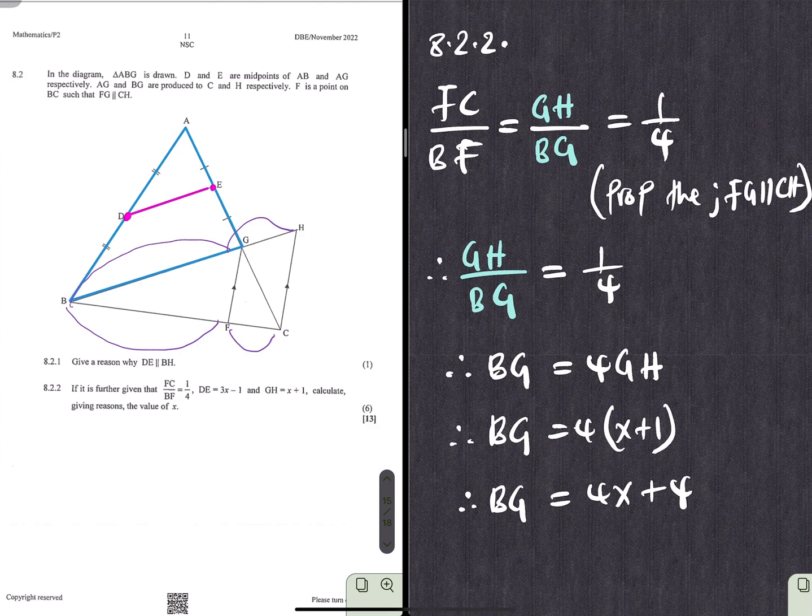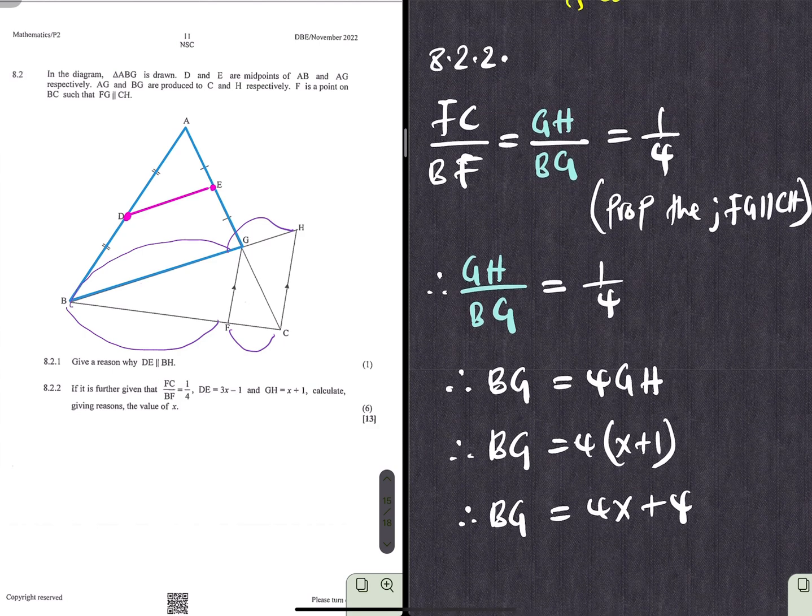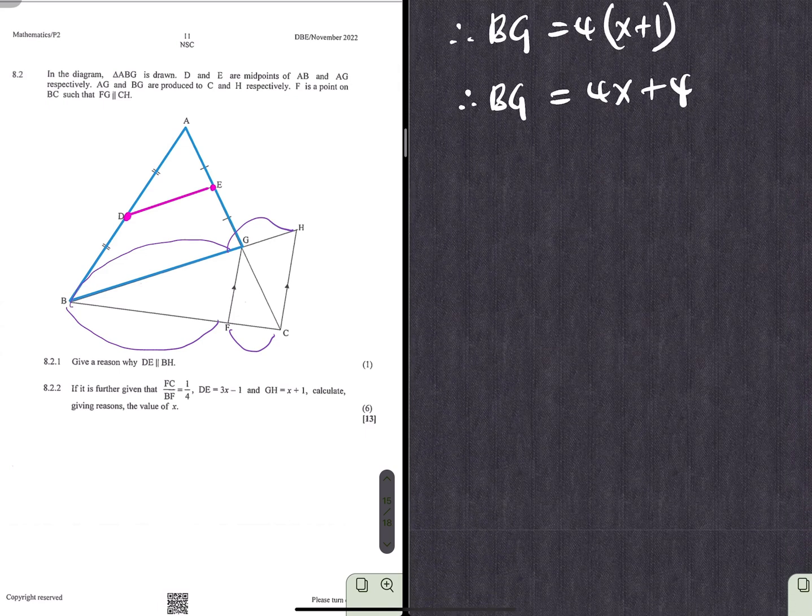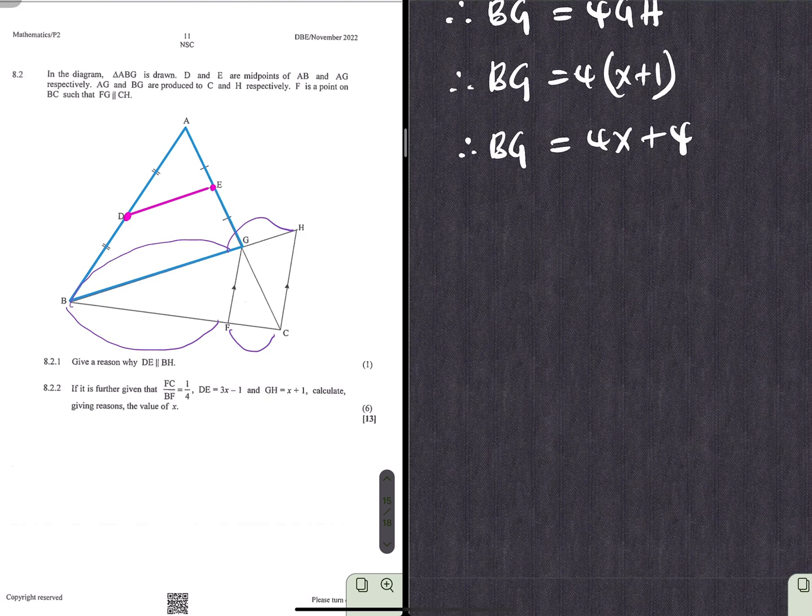So because we have proven that DE is parallel to BG, because their sides are in proportion, what we can apply to this problem is the midpoint theorem, which states that DE is equal to half BG.